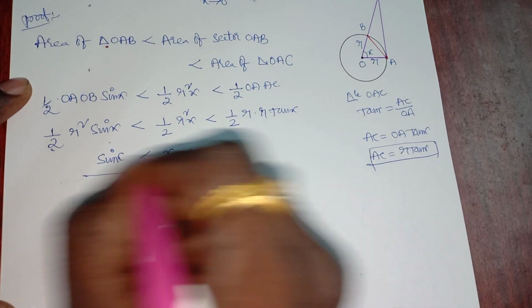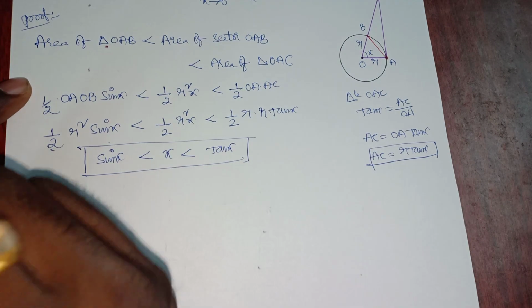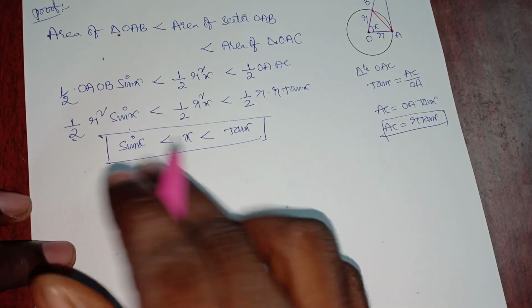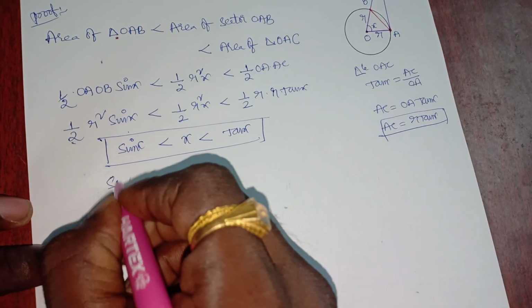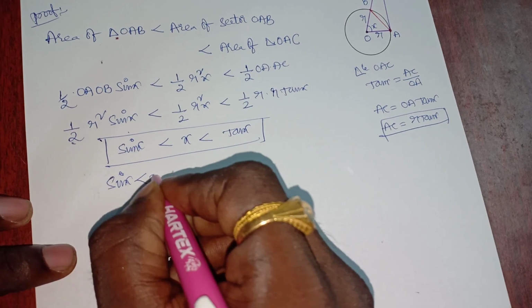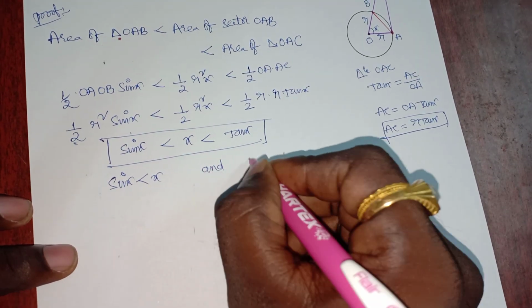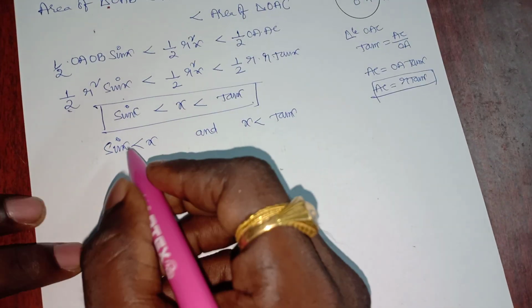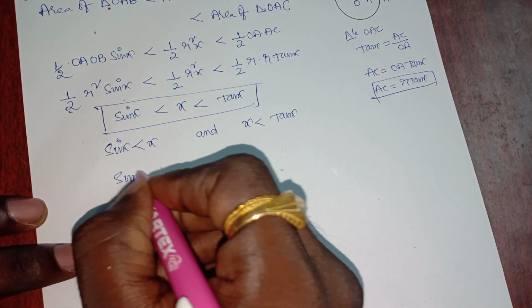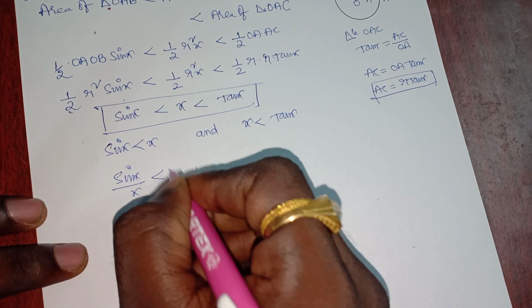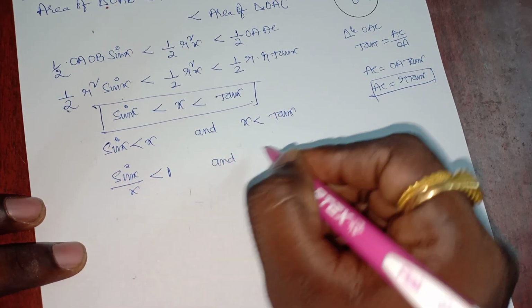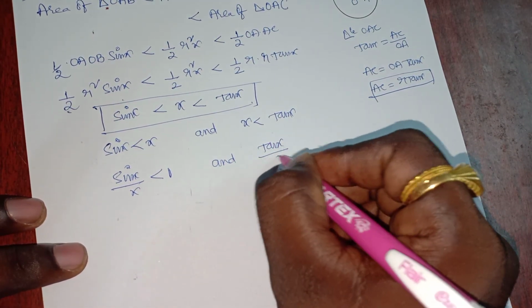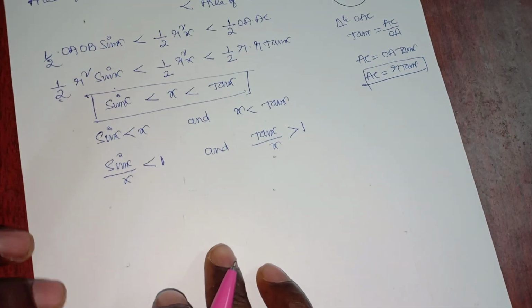This is the very important value we need to find. From this we have two more conditions, that is sin x is less than x and x less than tan x. From this, sin x by x is less than 1 and tan x by x is greater than 1.